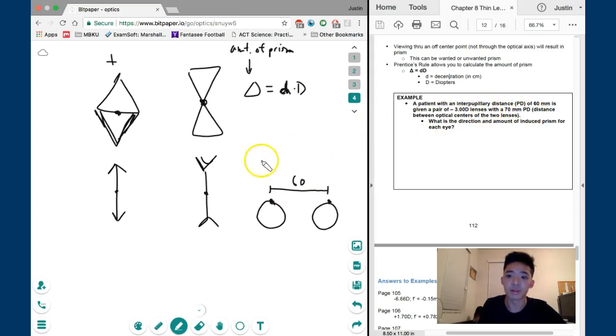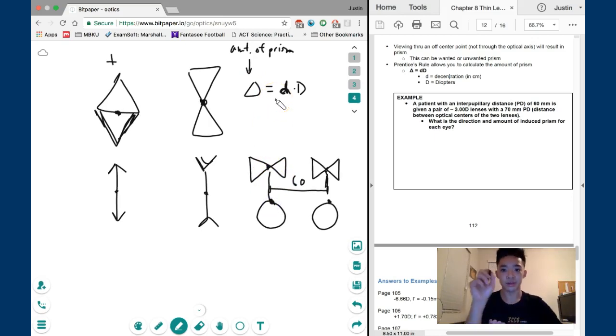But they're given a pair of -3 lenses, so if everything was perfect, they should be looking straight through the middle. And that's why we want to look through the middle of our glasses. That's why, if you're ordering glasses or as an optician, you dot where their pupil is, so that they have the best vision through the middle.